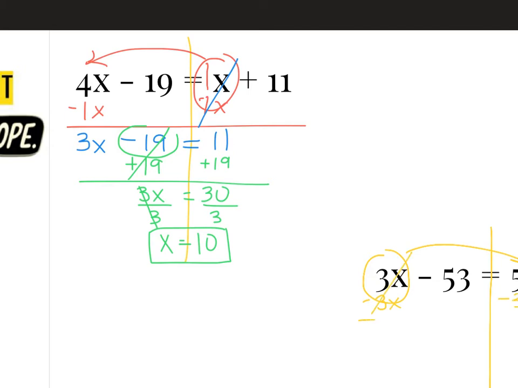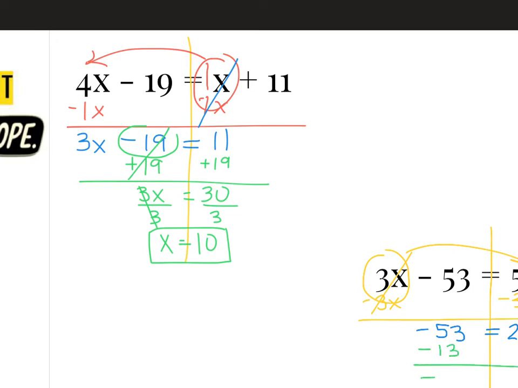That will cancel those off. I will now be left with a negative 53 on the left, and 5x minus 3x would be 2x, bring down the plus 13. Okay, so now I need to look at the side that has the variable and cancel out the term not directly with the variable. So that's going to be that positive 13, subtract 13, subtract 13.